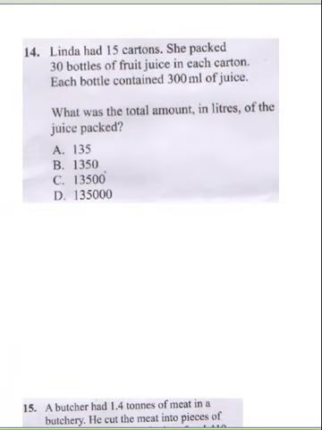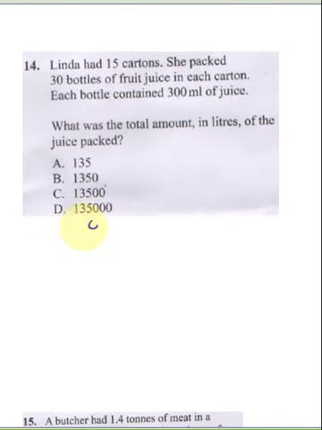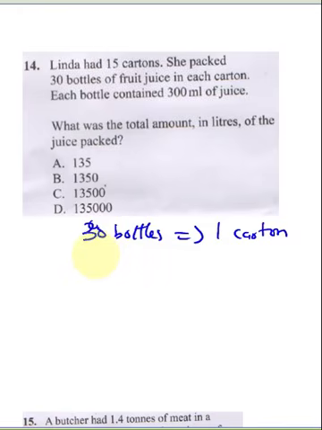So in order to solve this question, we will say she had 30 bottles. 30 bottles can take 1 carton. So that means for 15 cartons we are going to get what? How many bottles? So that will be 15 times 30.